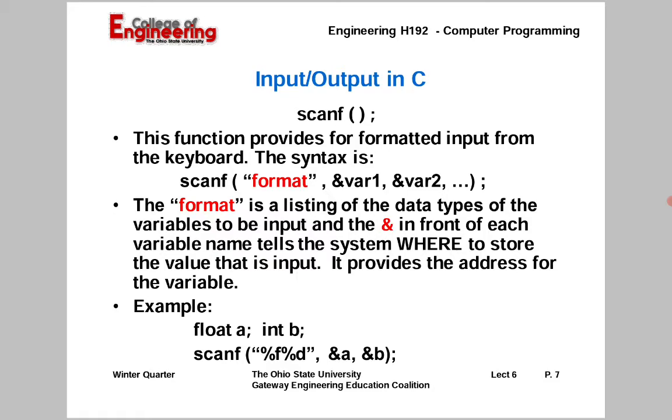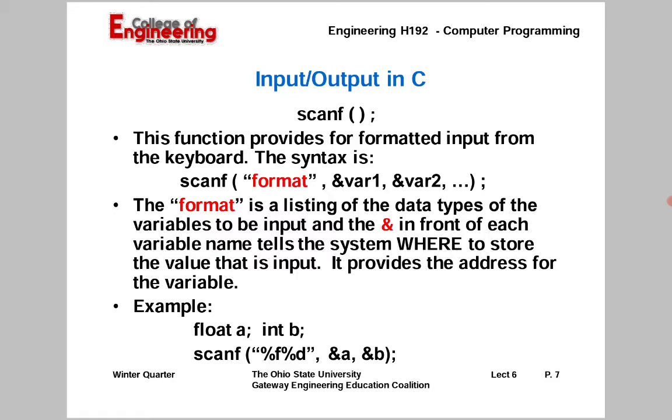The syntax is scanf within quotes format, comma, ampersand variable 1, comma, ampersand variable 2, semicolon. The format is a listing of the data types of the variables to be input, and the ampersand in front of each variable name tells the system where to store the value that is input, providing the address of the variable. So what is the difference between printf and scanf?